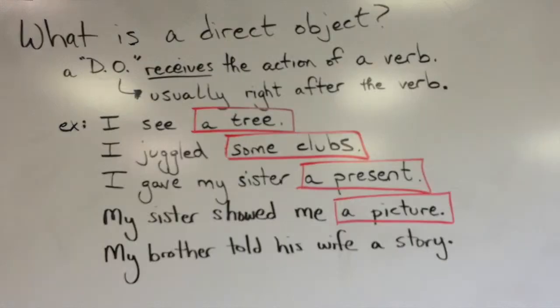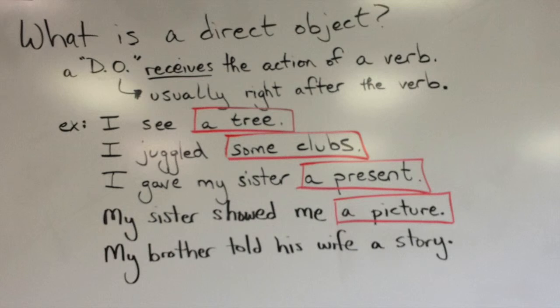Let's look at the example, my brother told his wife a story. When you tell something, you are transmitting information. So take a moment and think, what is the information which my brother is transmitting here? My brother is transmitting information. What is that information?